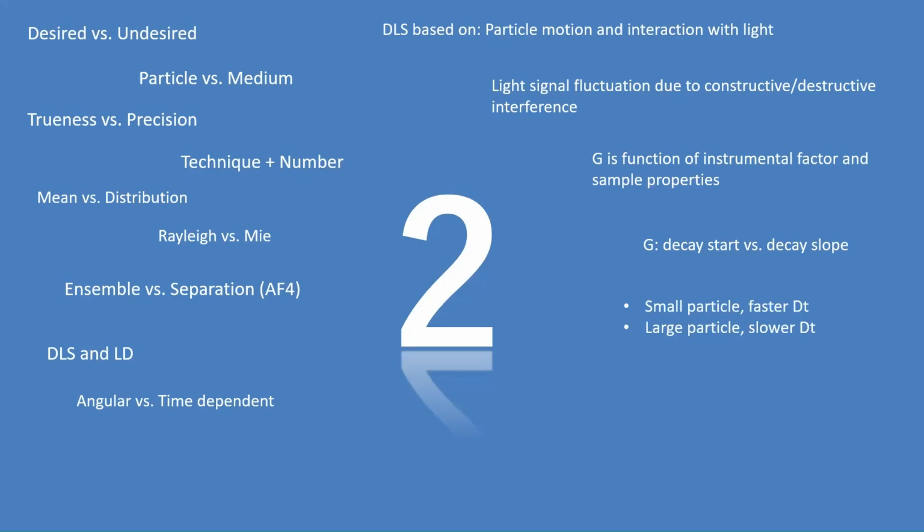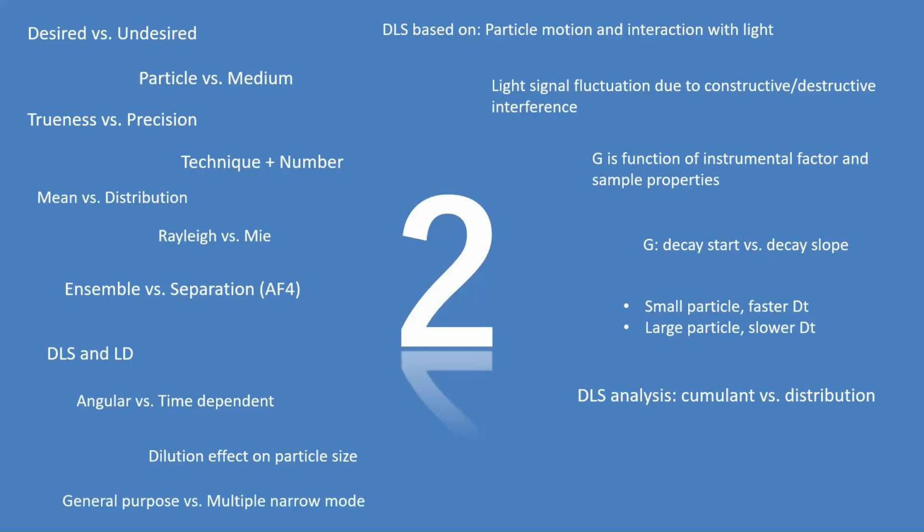Certainly, smaller particles we know move faster, and larger particles move slower, so this is reflected in the fluctuation. In DLS analysis, we talked about two ways of analyzing it, cumulant and distribution. We also talked about the dilution effect, which can change the particle itself or change the environment, resulting in the size value being changed.